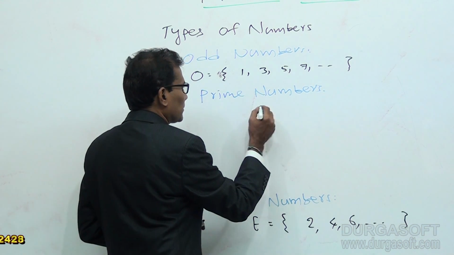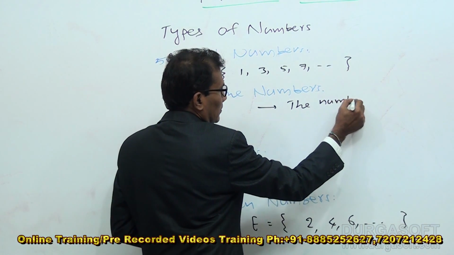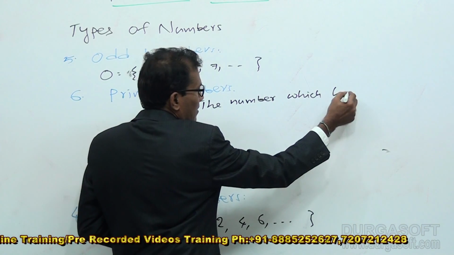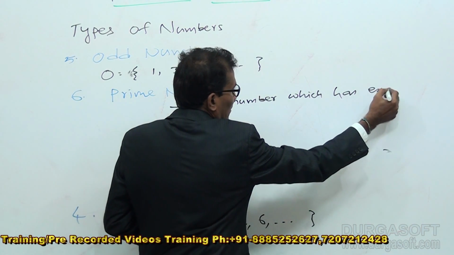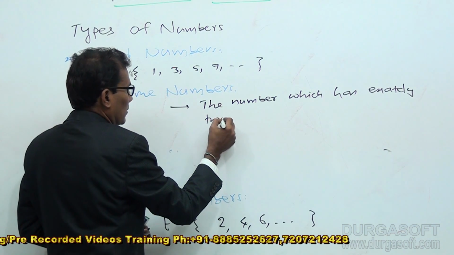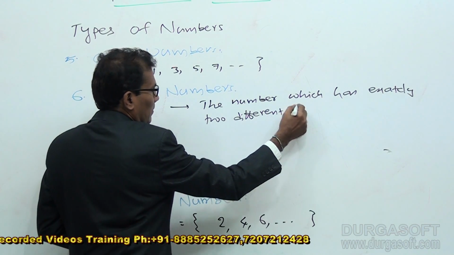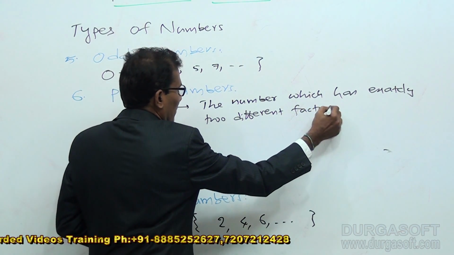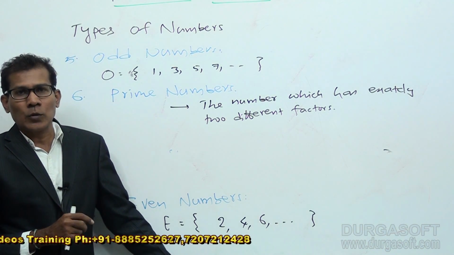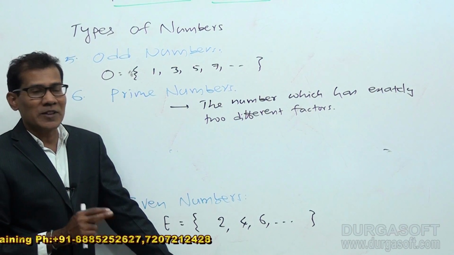The number which has exactly two different factors. Means whatever number we call a prime number, it should have only two factors and the two factors must be different.